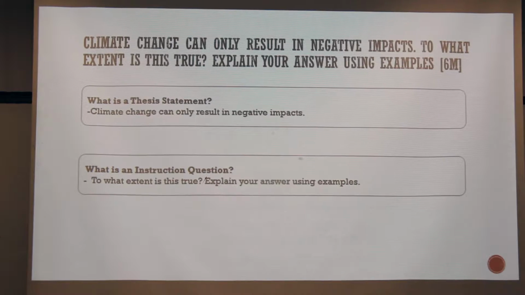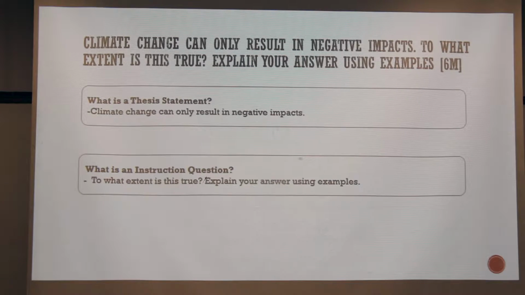I will tell you, for a thesis statement, you can draw an arrow, and write down that this is a thesis statement: climate change can only result in negative impacts. You can annotate using the question I gave you. There's a box there. You can bracket out the thesis statement, or highlight it.